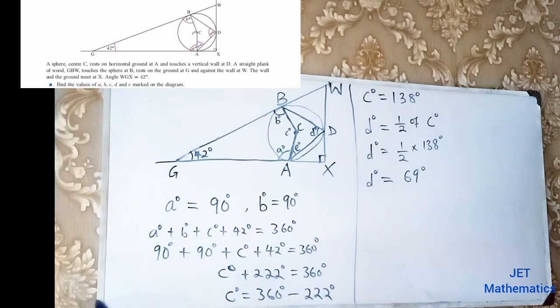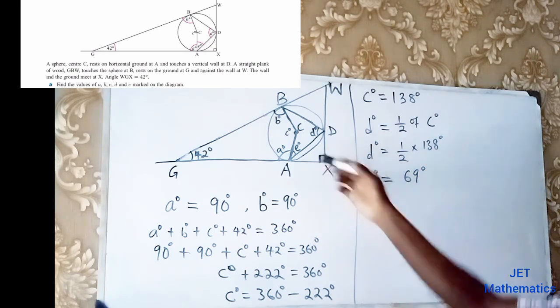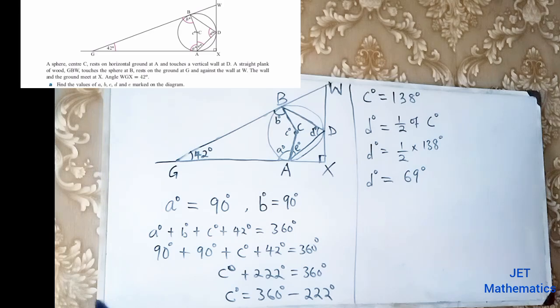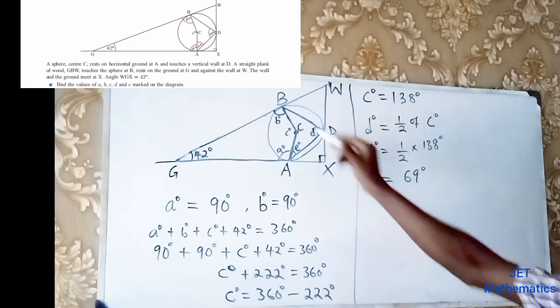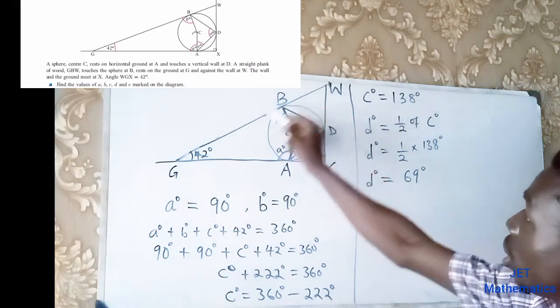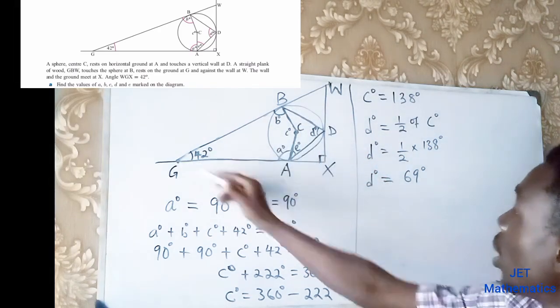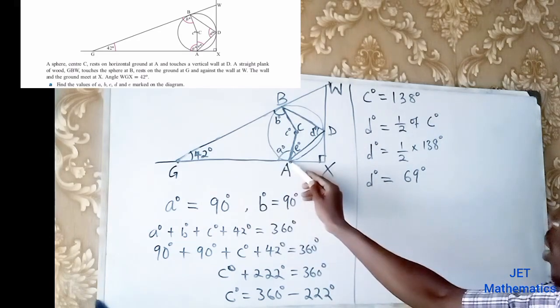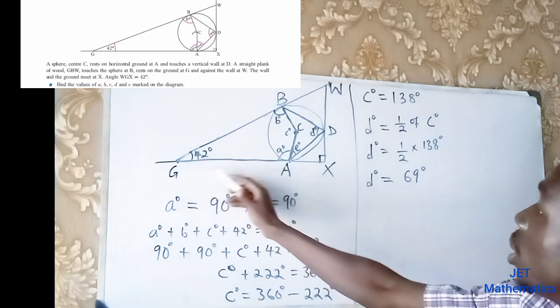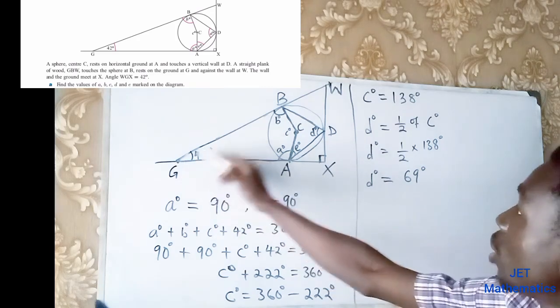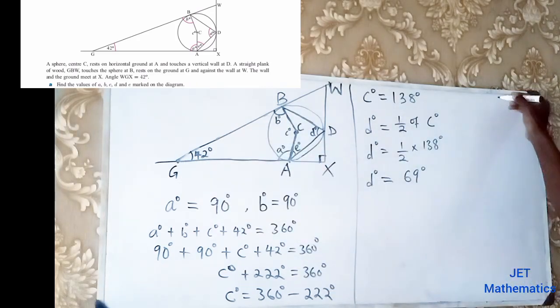This is where many persons could not calculate angle E. Angle E was quite difficult for certain persons to calculate, and that is the purpose of this video. Now there's a theorem that says from the point of tangency to this point, and also from the point of tangency to this point, GA and GB are equal.